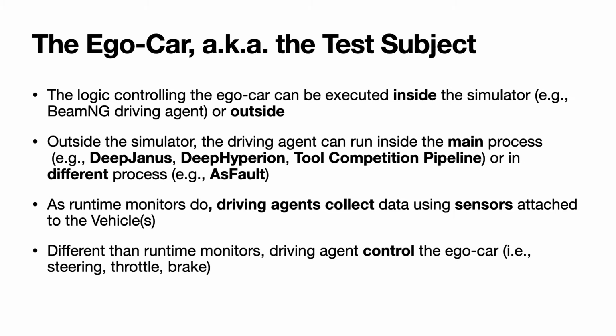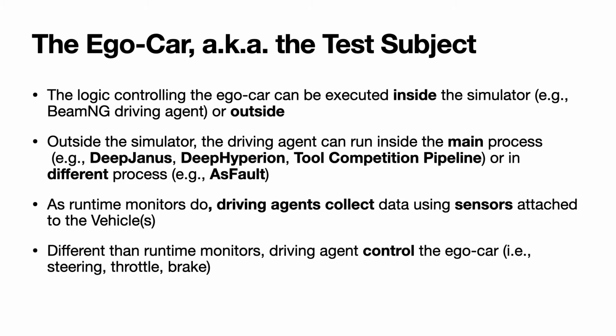For example, this is the approach adopted by Deep Janus, Deep Hyperion, the tool competition pipeline, or in a different process. So you can spawn another process or let another process connect to your running simulation and then let it download the data and drive the car. This is what Asphalt does, for example.